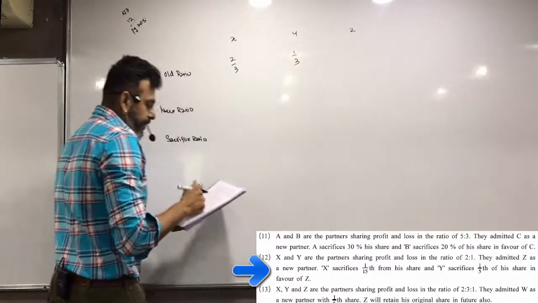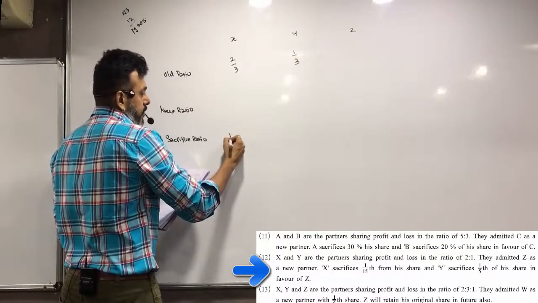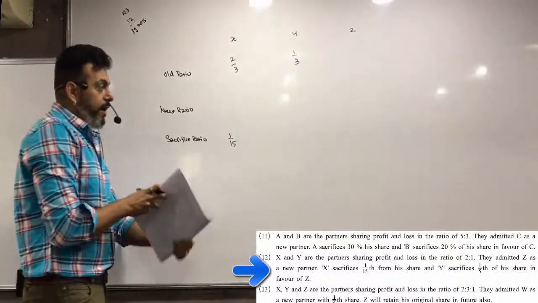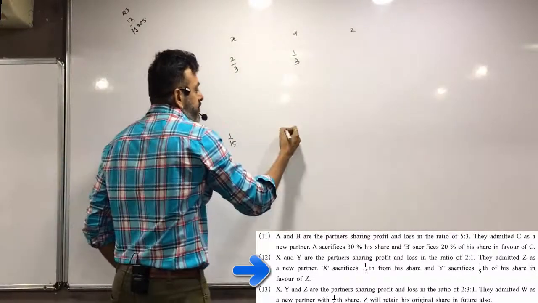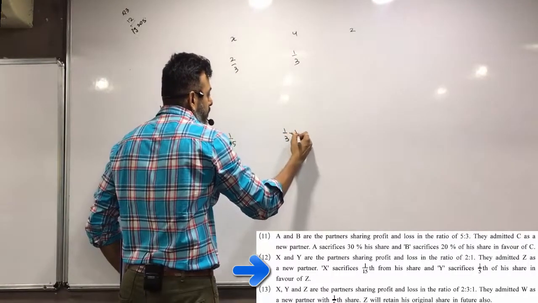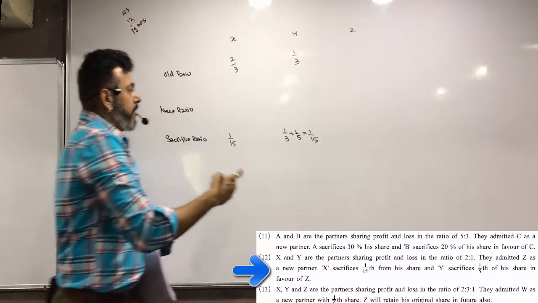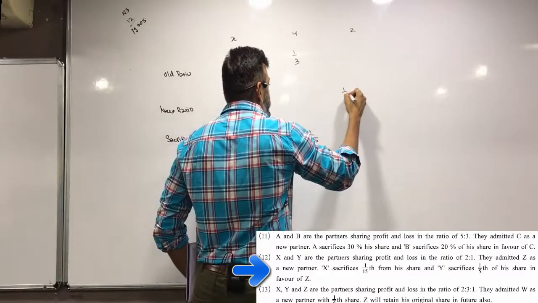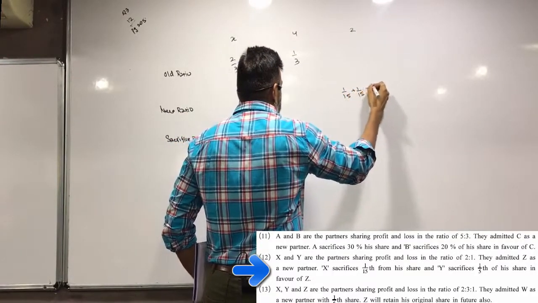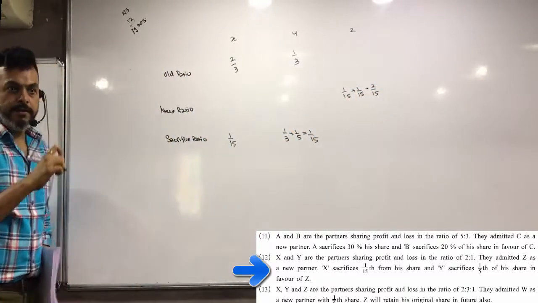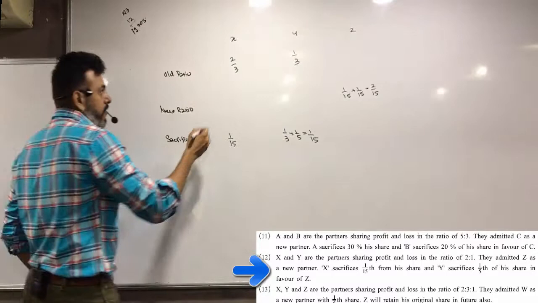X sacrifices directly 1 by 15, and Y sacrifices 1/5 of his share. So 1 by 3 into 1 by 5 is 1 by 15. So what is the gain of Z? 1 by 15 plus 1 by 15, which is equal to 2 by 15. Got it? Now we find the new ratio.